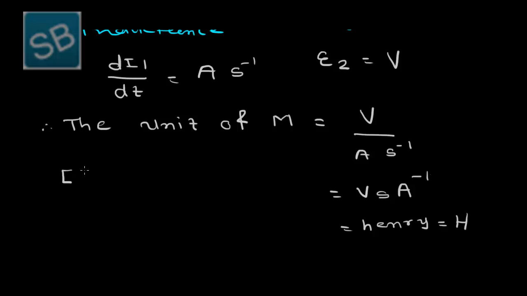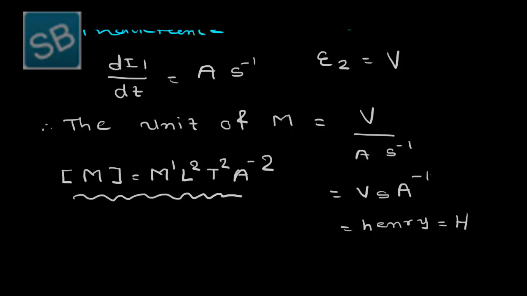So I am writing here the dimensional formula for M is equal to M1 L2 T2 A minus 2. So this is the dimensional formula for mutual inductance.